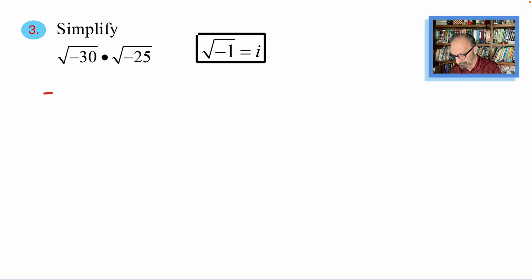That will equal square root of -1 times square root of 30 times square root of -1 again, from the square root of -25, times square root of 25. This is an i, square root of 30 times another i times 5.